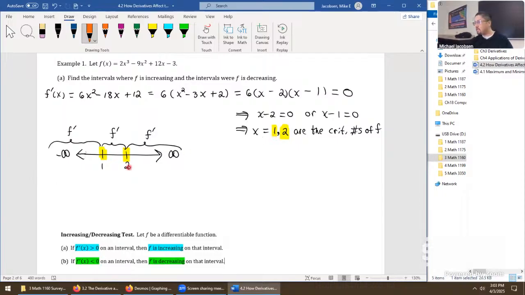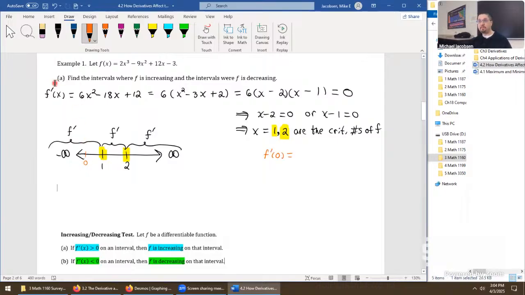So let's test out at 0. Notice you want to make your actual critical numbers kind of bold, make them stand out. Make your test points kind of small and diminutive so you don't actually grab them when you give your conclusions. They're just a test point. They're not part of the conclusion altogether. So go f prime at 0.